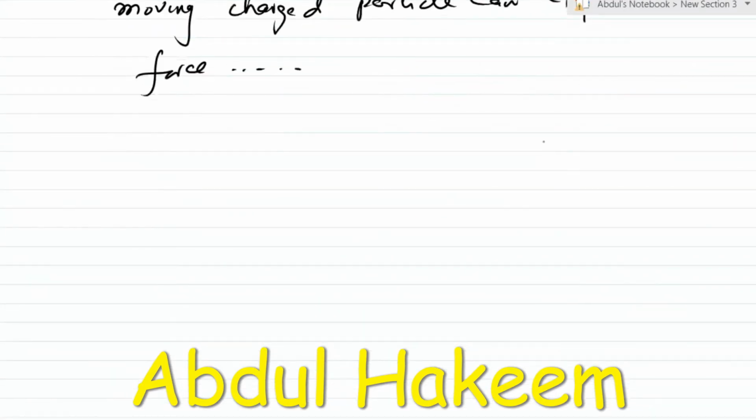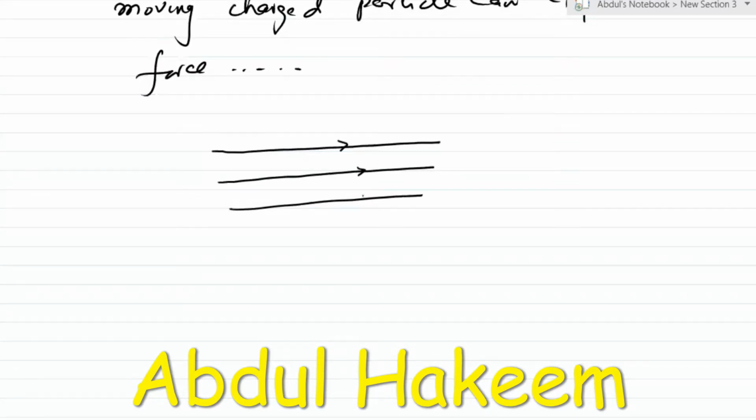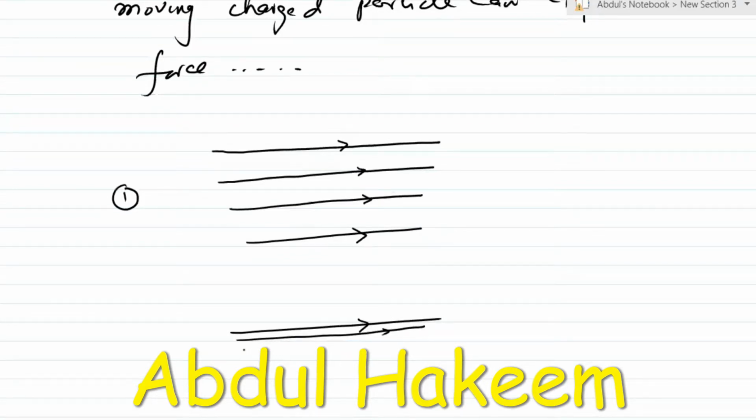Now, magnetic field is represented by lines. Suppose we have two fields. Number one is this, and suppose number two is this. There is one similarity.